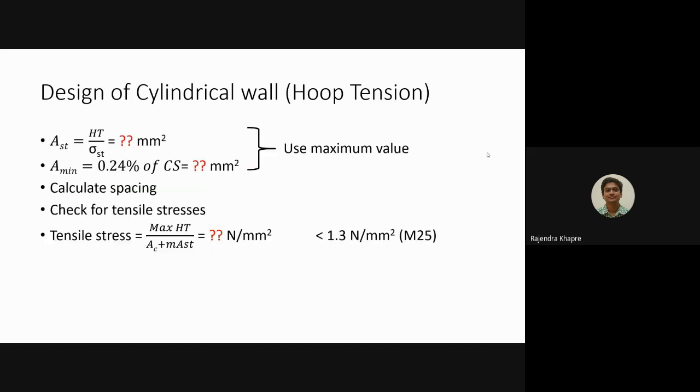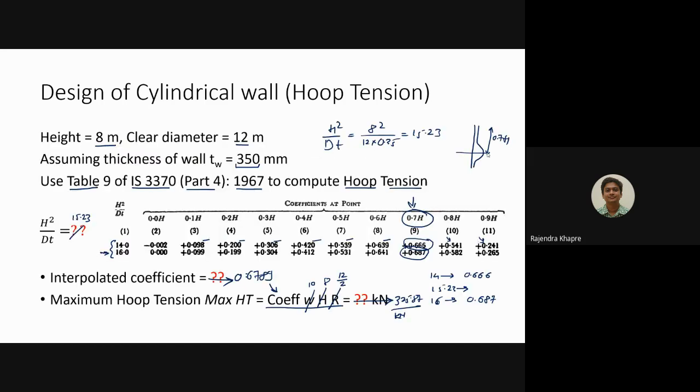So what we are doing over here is going for the intermediate AST calculations, and accordingly we have to provide the AST. But before providing the actual AST, first of all we will have to check whether the hoop tension we have calculated and the thickness we have assumed are sufficient for direct tension or not. So let us check for that.